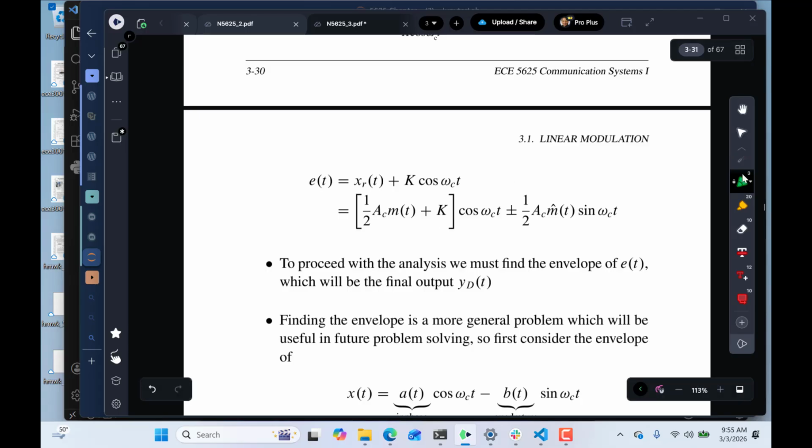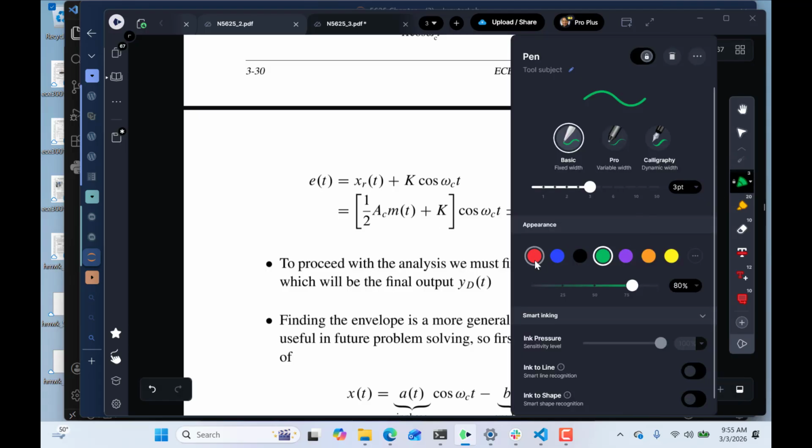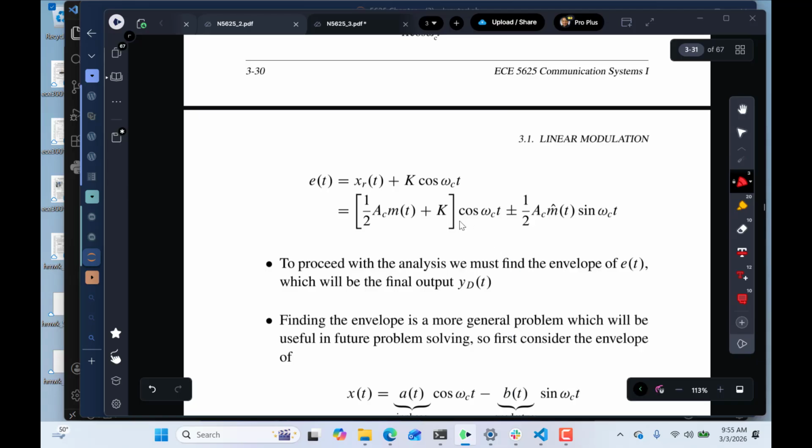In-phase and quadrature meaning that a portion of it is on a cosine carrier, and another portion is on a sine carrier. Cosine you can think of as being on the real axis, and sine, because it's rotated 90 degrees, is on the vertical axis.